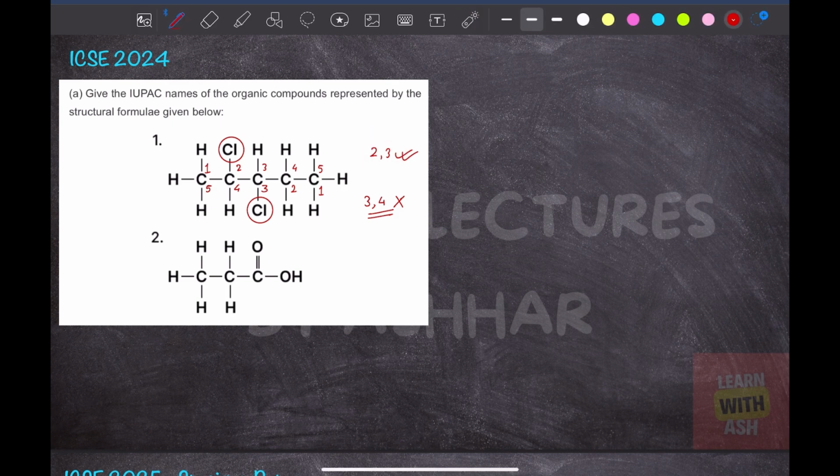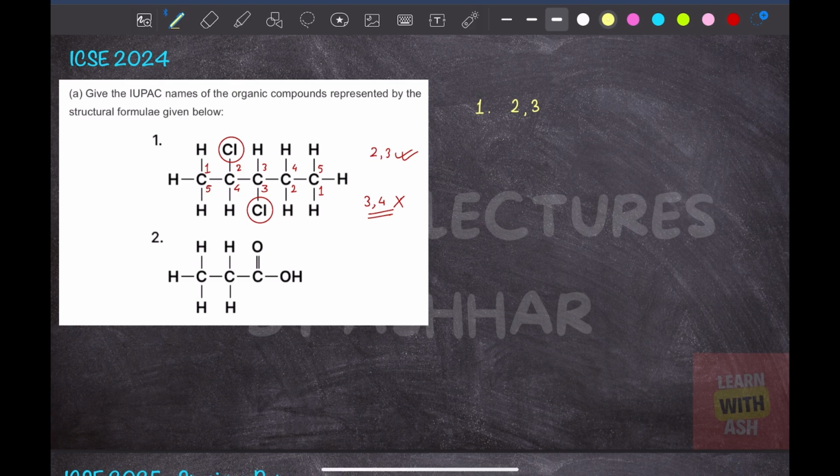Now how to name this compound? First of all, I will write the numbers over here, that is 2 comma 3. How many chlorines are present? 2 chlorines. Whenever 2, 3 or more substituents are there in a particular compound, we use the word di for 2, tri for 3 and tetra for 4.